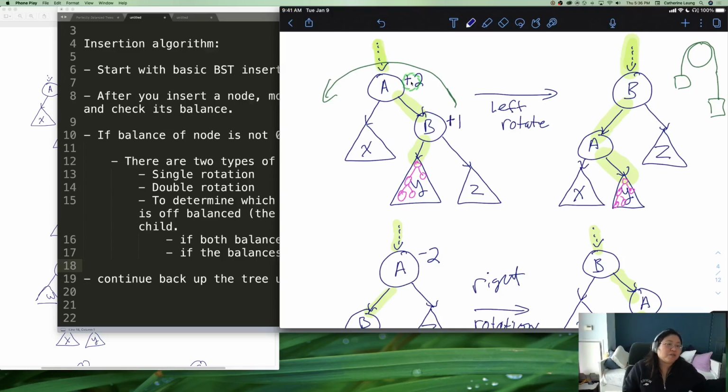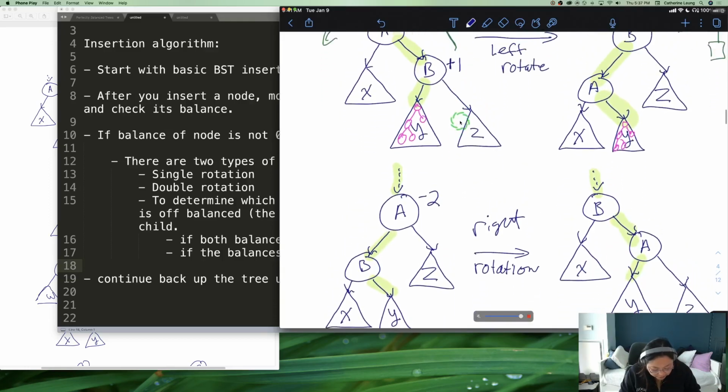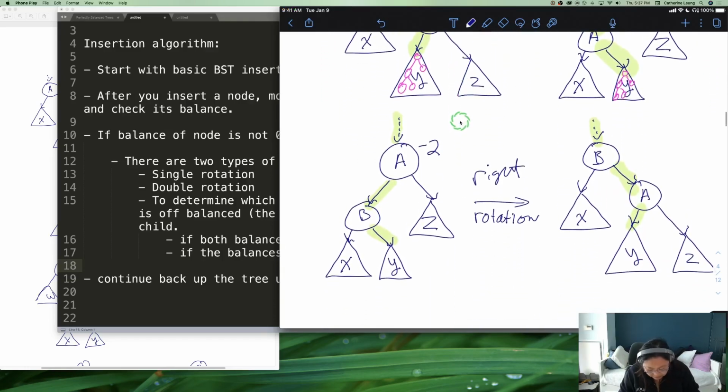Z will be taller than Y, so we have to do a rotation. It's +2 and +1, so the right side is too tall in B. Similarly, for this one, if this is -2 and B is -1, then we're going to do a single rotation.